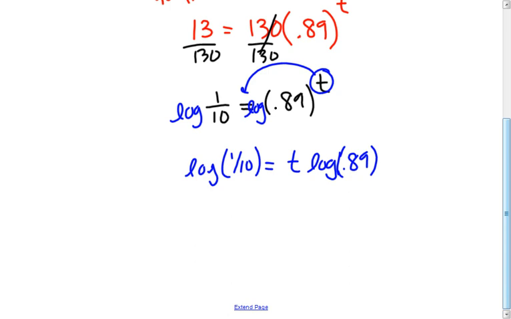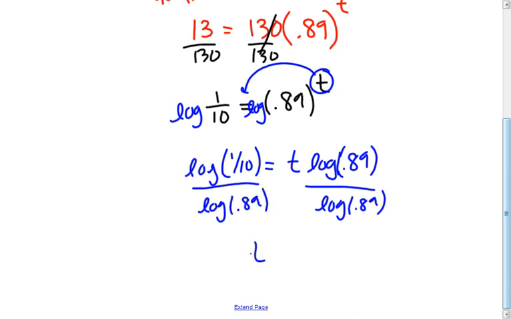And then, of course, to solve for t, I will divide by log of 0.89. And then you will put that into your calculator, and t will come out to be about 19.76 hours in this case. Your time is in hours in this case.